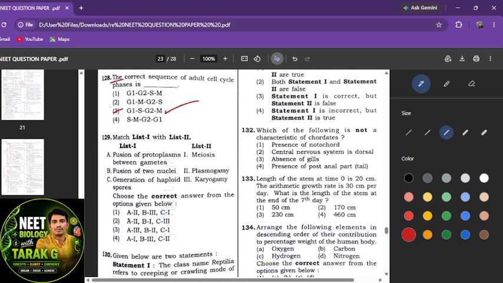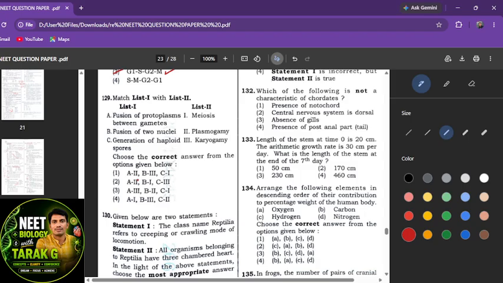And here is 129. Match the two columns, two lists they have given. Fusion of protoplasm between the gametes is plasmogamy.